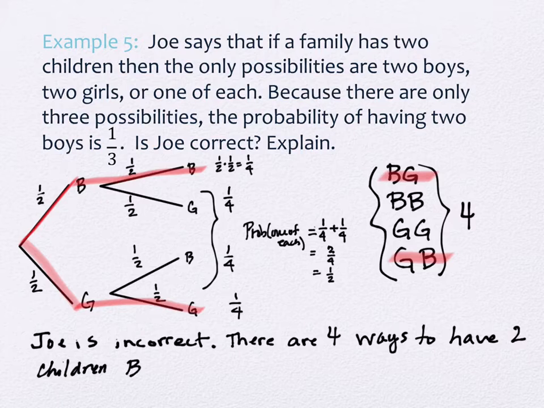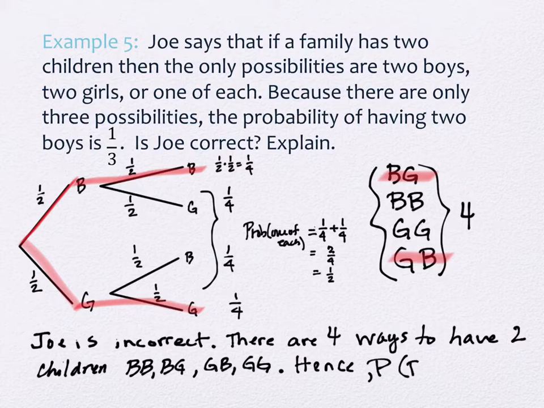I'll just list them here. We can have the boy boy, the boy girl, the girl boy, and the girl girl, in whatever order you like. Hence, the probability of having 2 boys, which is the one he described specifically, is actually 1/4, not 1/3.